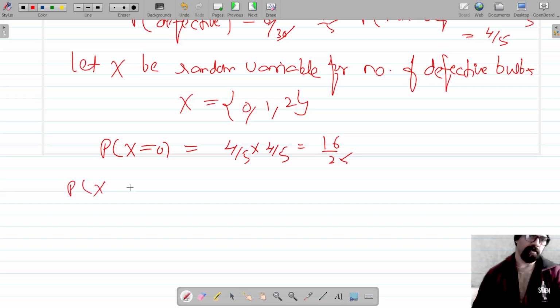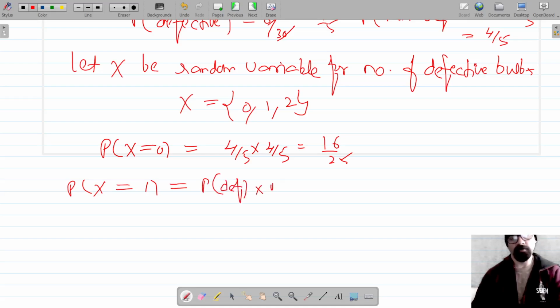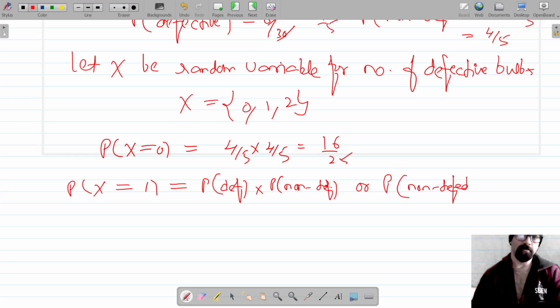Now the probability when one of them is defective. So that means either the first one is defective and the second one is non-defective, or the first one is non-defective and the second is defective.